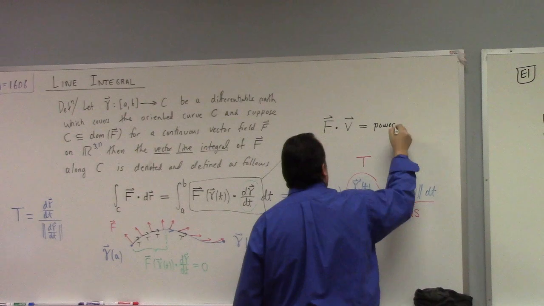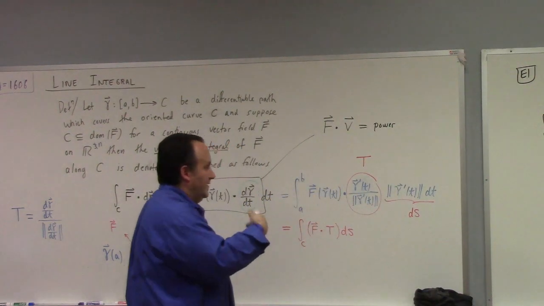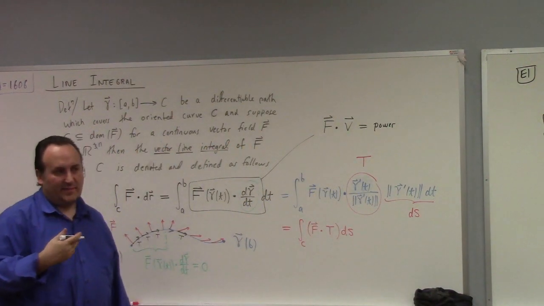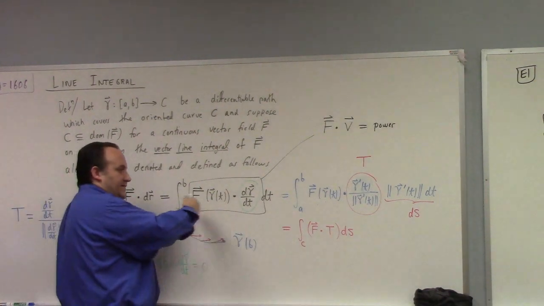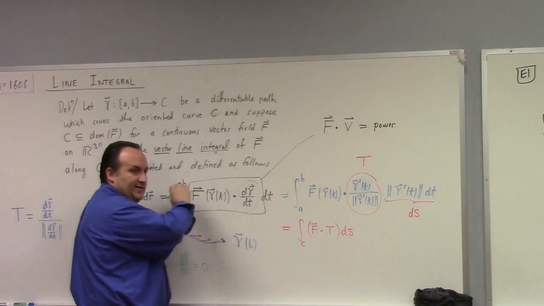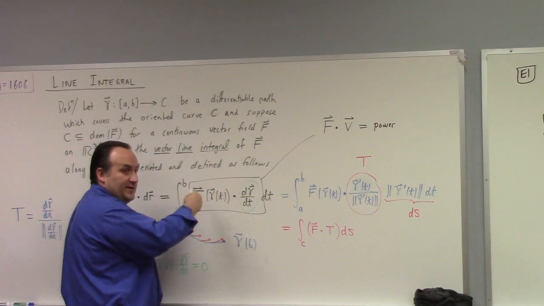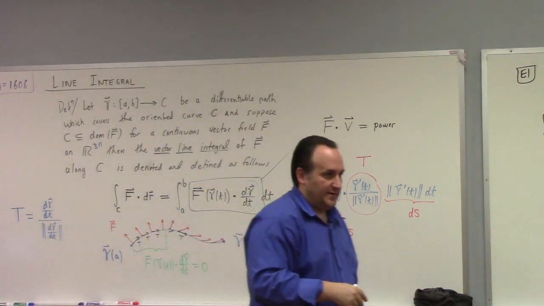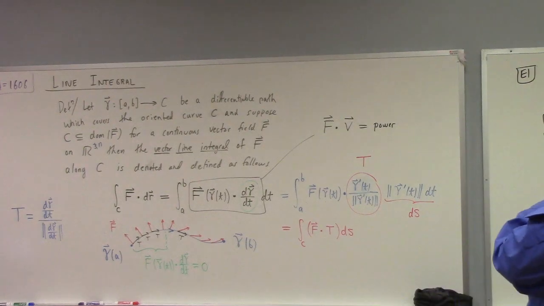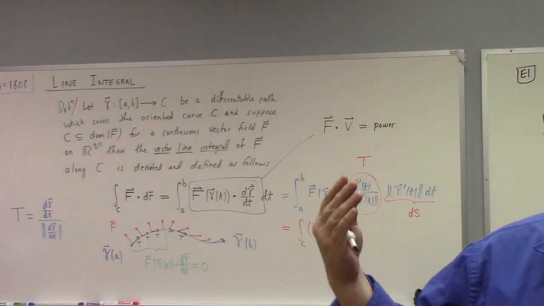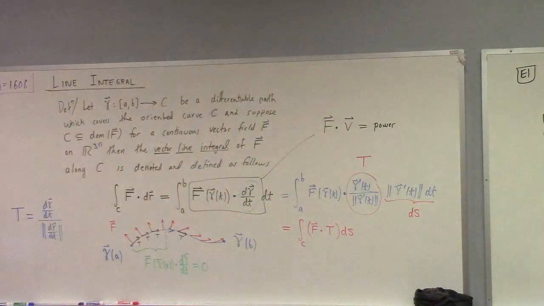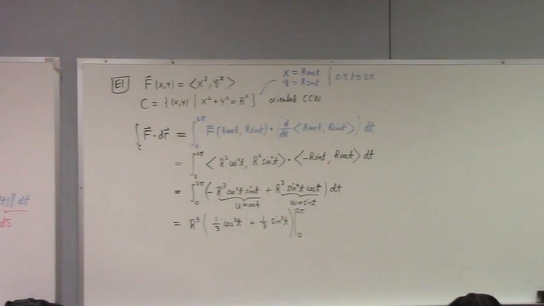In other words, it's the energy per unit time expended by F. So what you're doing here is you're integrating the energy per time, and that gives you the net energy that is expended by F. In other words, the work done by F, if you want the complete circle of ideas in physics. But anyway, as I try to keep mentioning, while physics does motivate these things, it is not necessary for the calculation thereof.